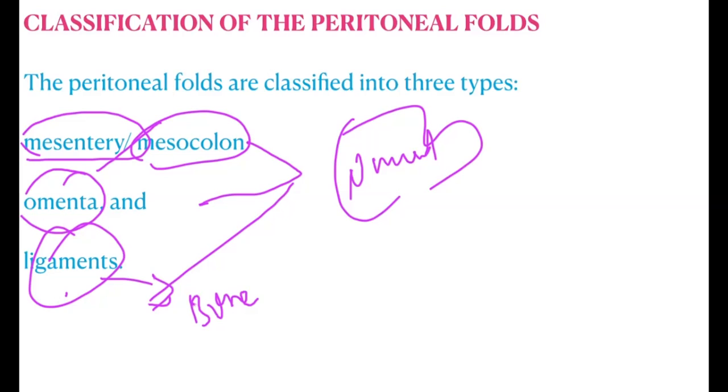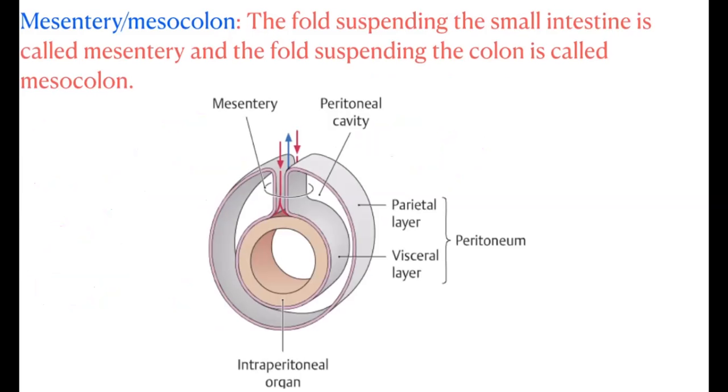Coming to the mesentery, we have already seen that. You see, this is the parietal layer. The parietal layer is coming and reflecting as the visceral layer, or the visceral layer is coming and reflecting as the parietal layer. So this one and this one, double peritoneal layers, are called mesentery, right?